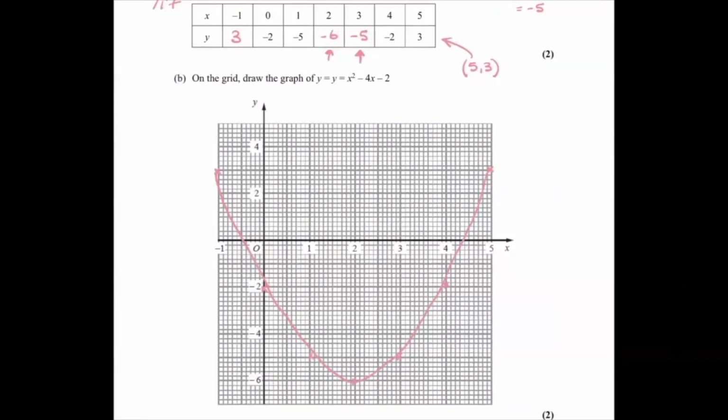Okay, now you can see that I have not gone through absolutely perfectly, but I have done a good enough job to get the marks. They want to see that you are trying to draw a curve, so make sure it stays curved at all times and it runs through. Sometimes just turning the paper around and doing it at a different angle makes it easier to do that drawing.